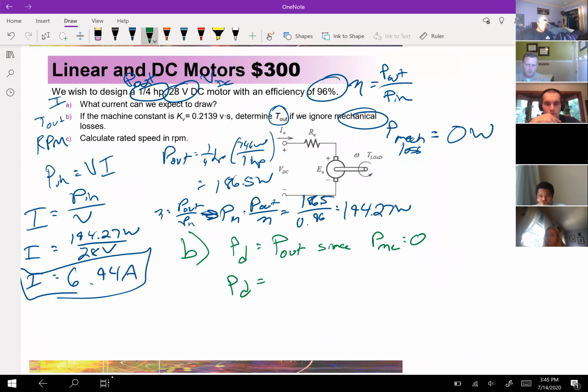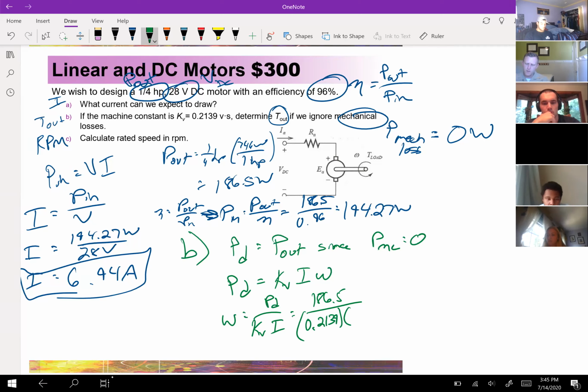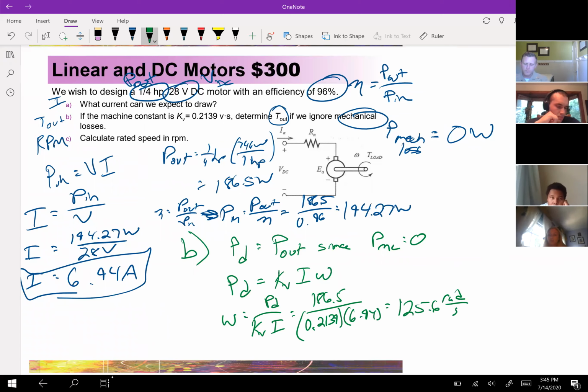Okay, so if I say PD is equal to KV I omega, omega is equal to PD over KV I. PD is 186.5. The KV is 0.2139. And my I is 6.94. My omega is 125.6 radians per second.